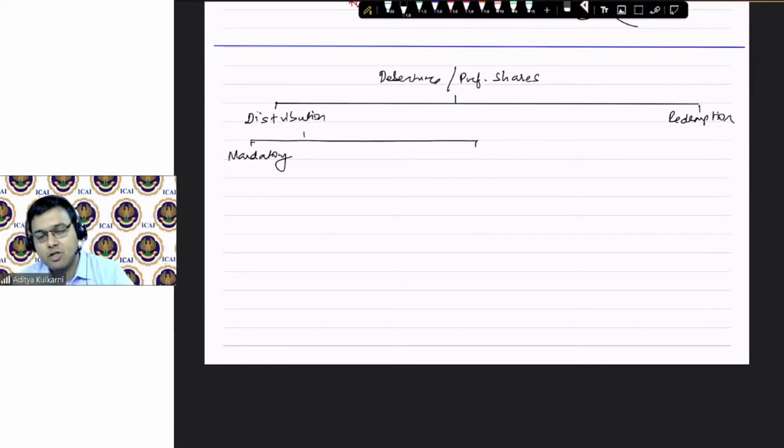Don't pay attention to the name, pay attention to the features. Mandatory outflow towards interest or preference dividend: you tell me, is this stream of payments giving rise to a financial liability? Don't look at a debenture or preference share as one instrument. Split it up.